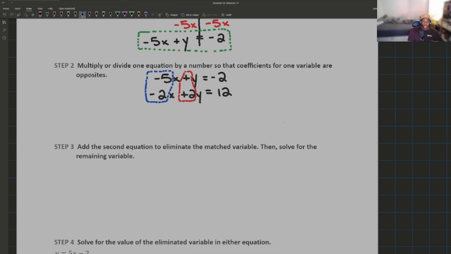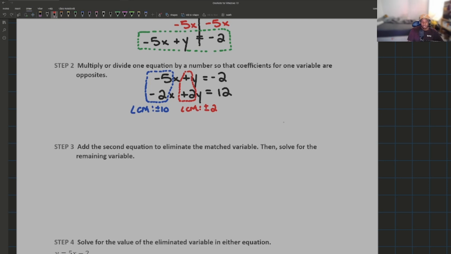We're going to think about the lowest common multiple for each of these sets of coefficients. So for the first one, the LCM, lowest common multiple, is 10, right? Lowest number that both 5 and 2 can multiply into is 10. And if I look over here at the y's, the LCM between 1 and 2 is 2.